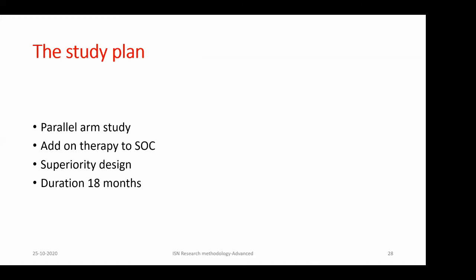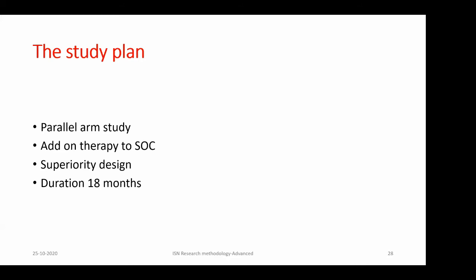If you don't have the expertise in designing a study, never hesitate to get help from a design expert, because in the end of the study, if you generate a lot of data, you go to the statistician. If you design the study improperly, then the statistician will not be able to help you other than to do a postmortem examination of your data and tell you what went wrong.